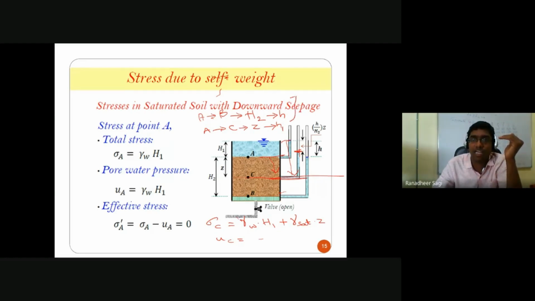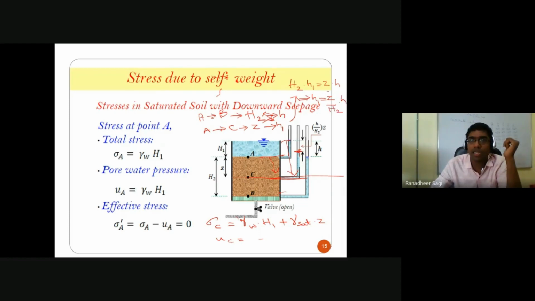So to calculate that h1 value, we can cross multiply these terms and equate them. So if I do that, H2 into small h1 is equal to z into small h. So from this I can say that the so-called small h1 that I am trying to calculate comes out to be z by H2 into small h.